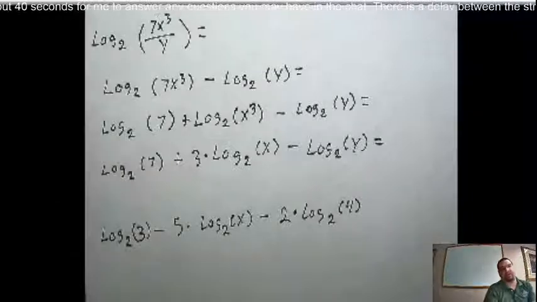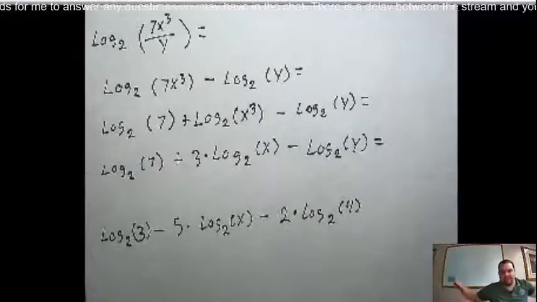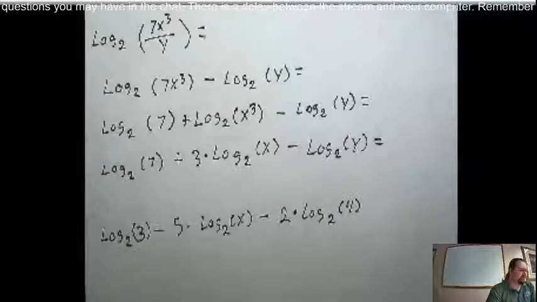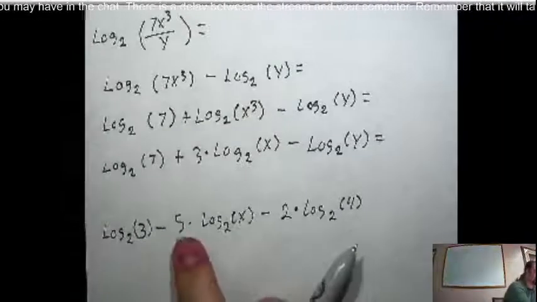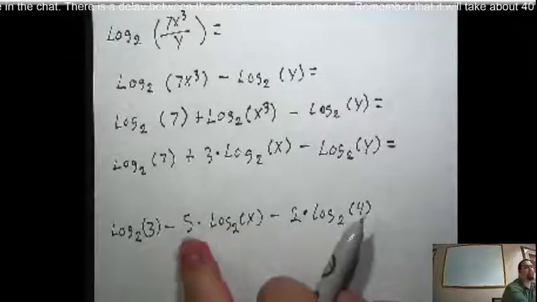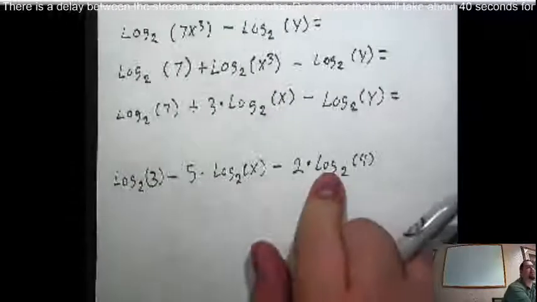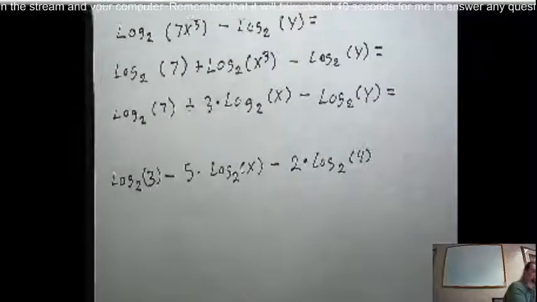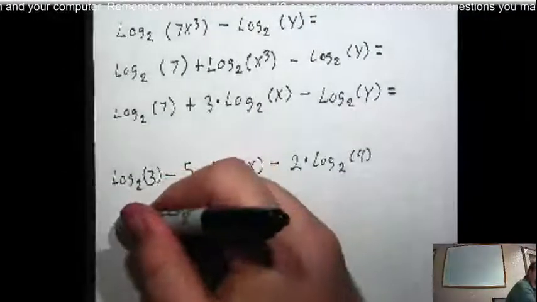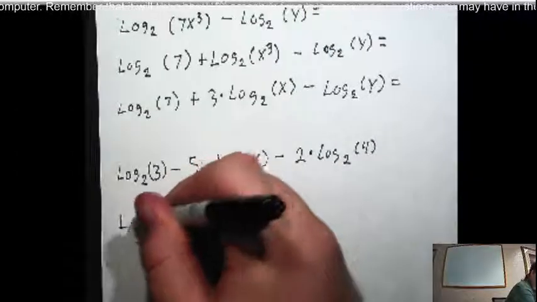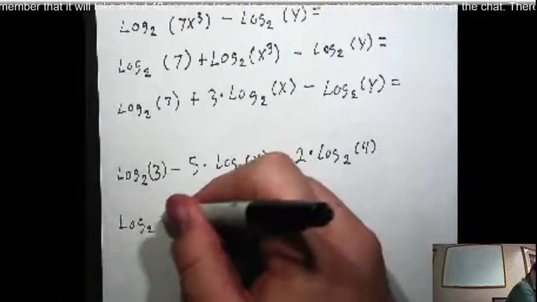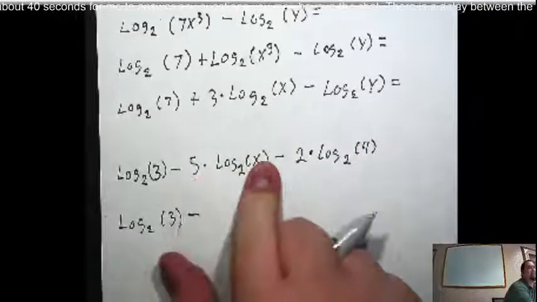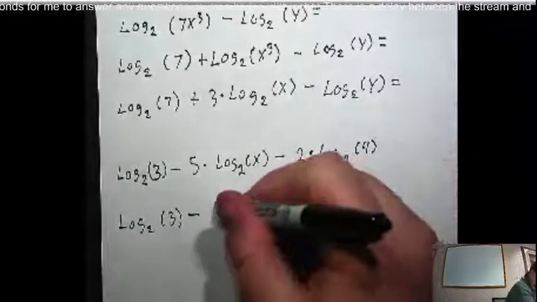Okay, so again, we can go the other way around. Instead of expanding these things out, we can condense them. So what else can we do here? I see powers. We've got these things that are multiplying by our logs. Those really represent powers. So log base 2 of 3 minus, this 5 is going to become a power of x.